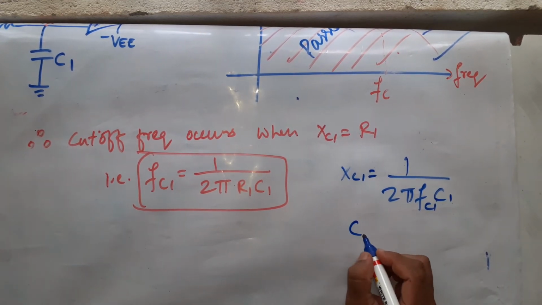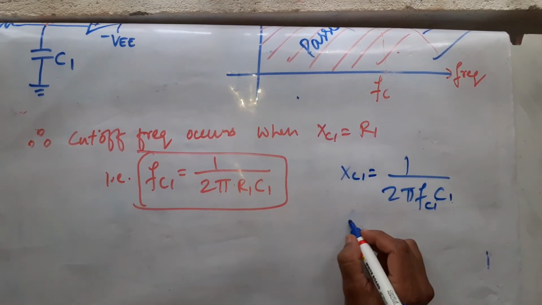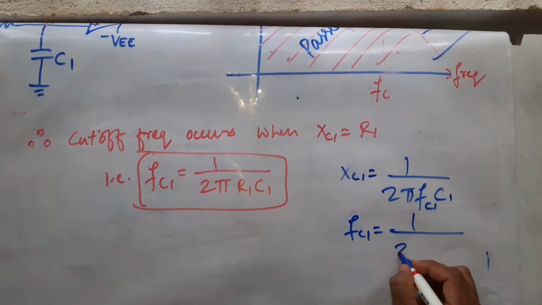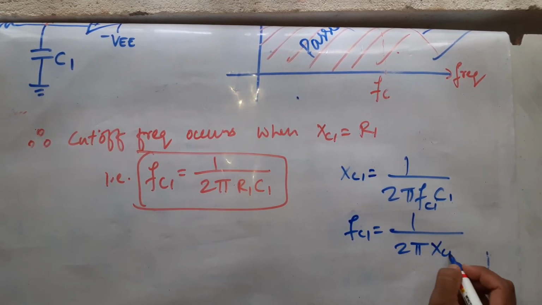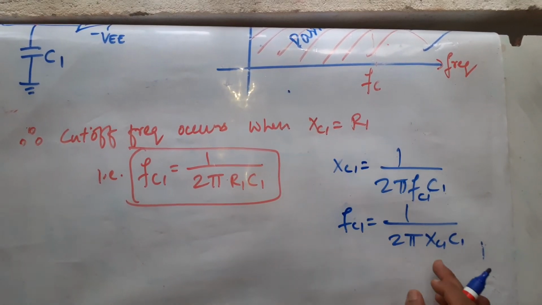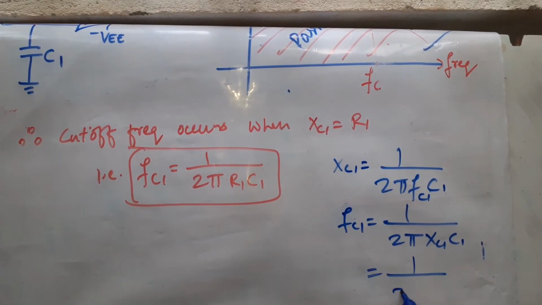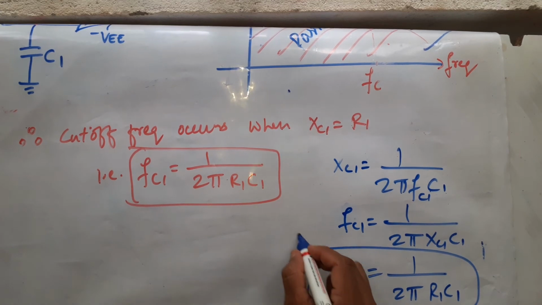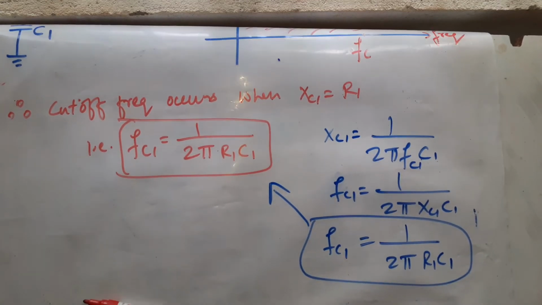So I can replace this: FC1 equal to 1 over 2 pi XC1 C1, right? Now if XC1 is equal to R1, I can replace this as 1 over 2 pi R1 C1. This is my FC1. Same thing is written here. Okay.